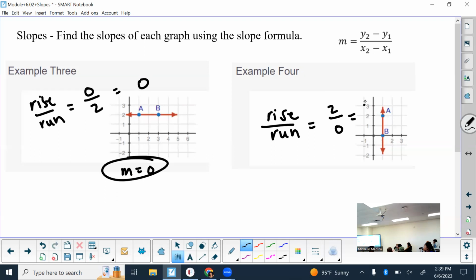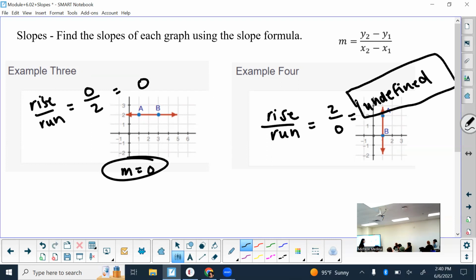It's not zero. It is undefined. Don't believe me, put it in Desmos, it'll tell you undefined. Or if you put in another calculator, it'll probably give you an error message. So you can't divide by zero. So you can memorize it, vertical lines are always undefined, you can just know where to find it in your notes, or you can just reason it that way. Good on that one?